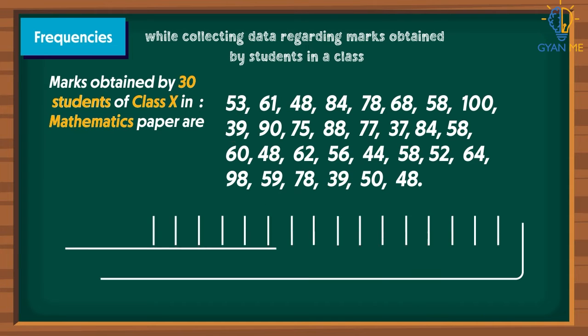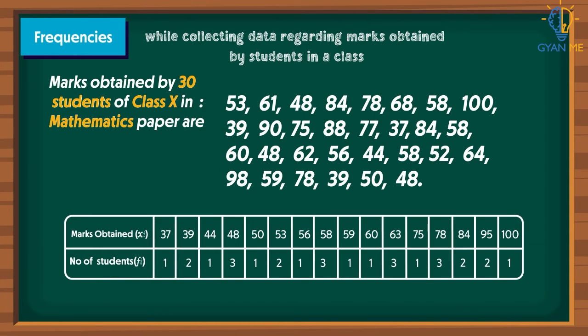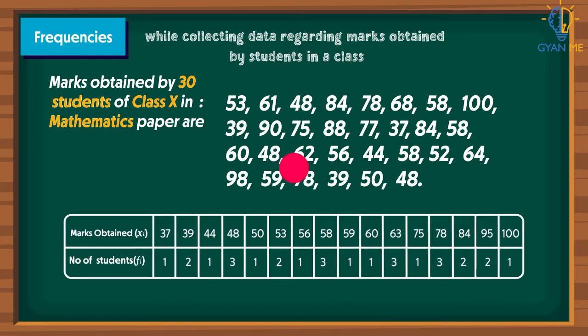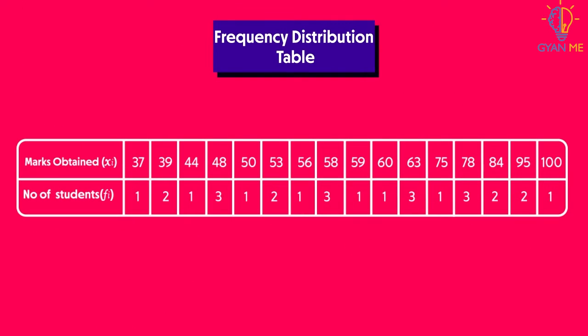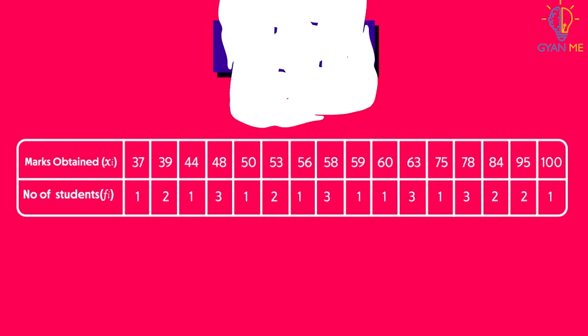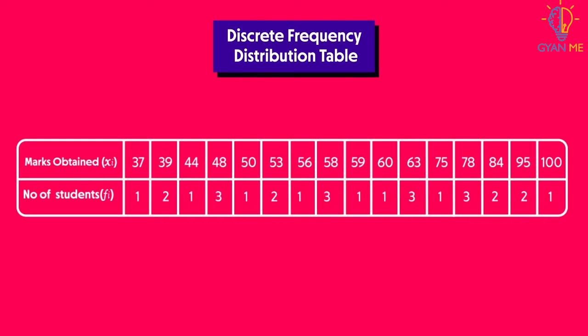If we put them in a tabular form as shown, it is called a frequency distribution table. This kind of frequency table is called a discrete frequency distribution table, as the data is in the form of distinct values individually. There are no groups.